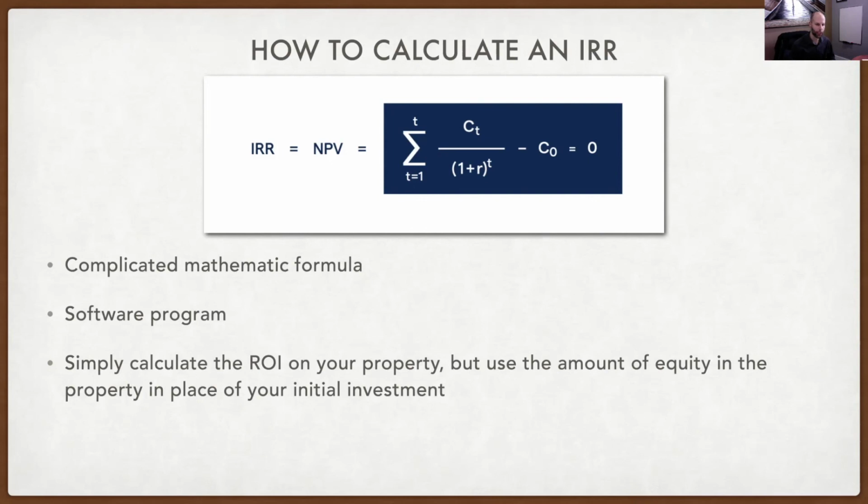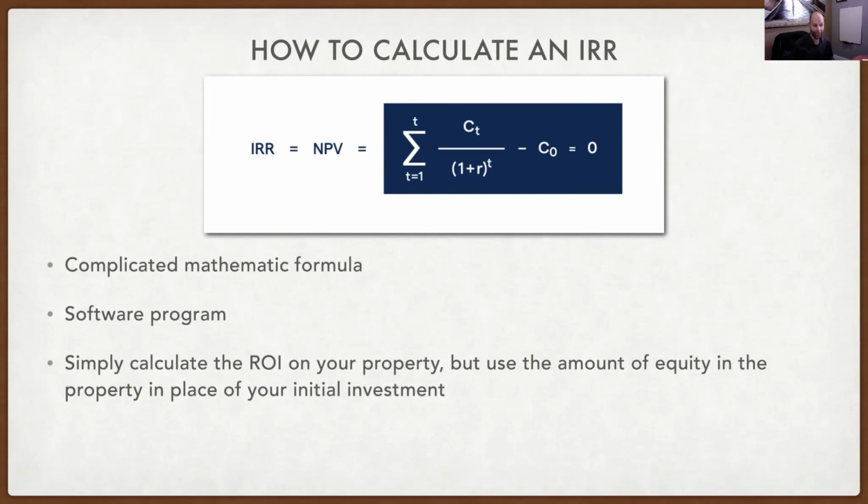And again, you should have your profit known every year when you file taxes. You should be telling your accountant all of the income, all of the expenses, and that will give you your net profit. And then you're going to divide that net profit by the amount of equity that's in the property, and that's going to spit out your internal rate of return number.